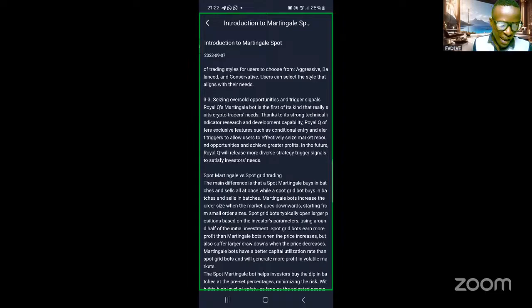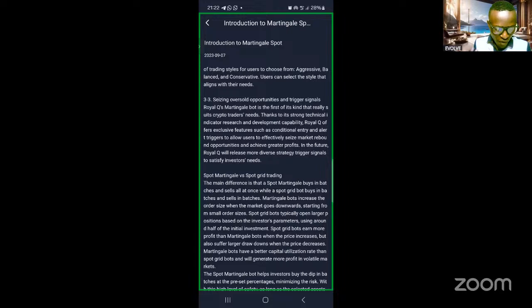Royalq offers exclusive features such as conditional entries, alert triggers to allow users to effectively seize market rebound opportunities and achieve greater profit. So now this is talking about the use of MACD, so that you can set signals whereby when the conditions are met, the robot is going to buy so that you don't miss out on opportunities, or it is going to sell.